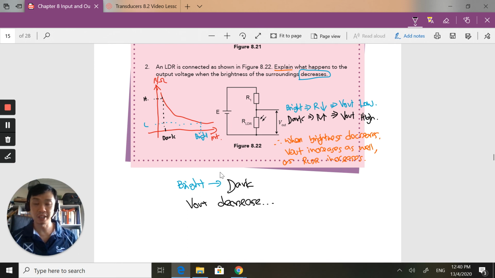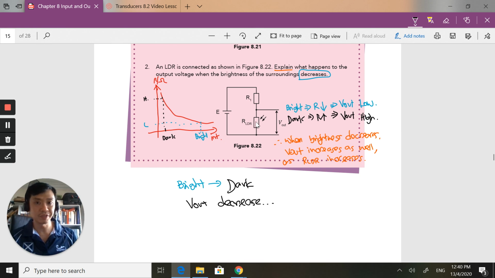Okay, so if you got it, good for you. If not, don't worry, let me explain. All I have to do is to switch my R1 and RLDR. The moment I switch the positions of those two, I will get the opposite scenario. It's as simple as that. If you don't believe me, do your own circuit analysis.